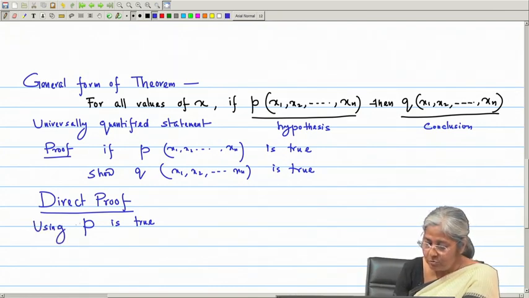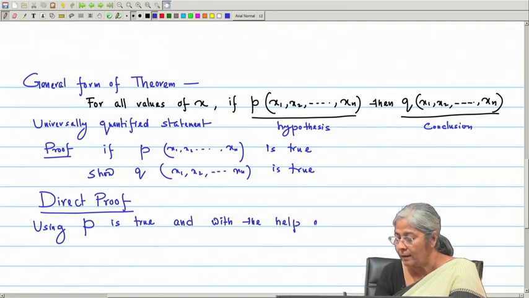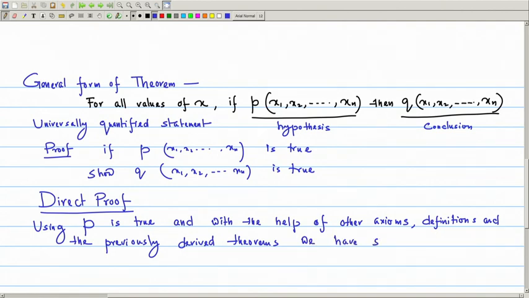So, using P is true, and with the help of other axioms, definitions and the previously derived theorems, we have to show that Q is true, the conclusion is true. So, this is mainly the direct proof.